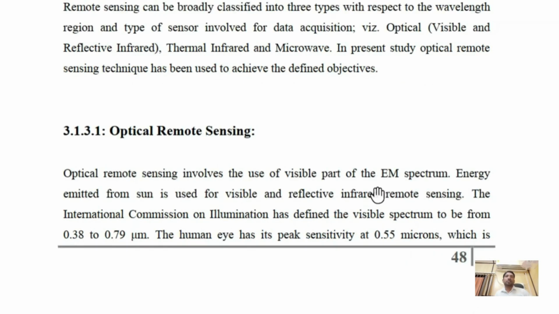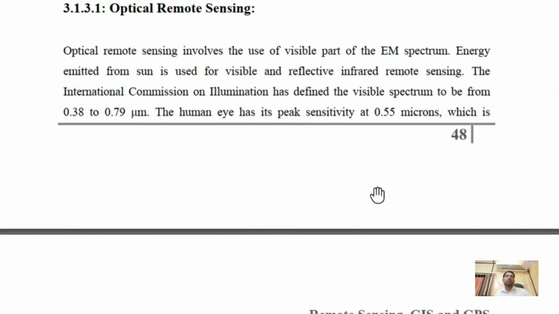Optical remote sensing. Optical remote sensing involves the use of the visible part of the EM spectrum. Energy emitted from the sun is used for visible and reflecting infrared remote sensing. The International Commission on Illumination has defined the visible spectrum to be from 0.38 to 0.79 micrometer.